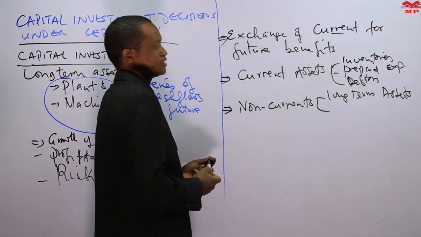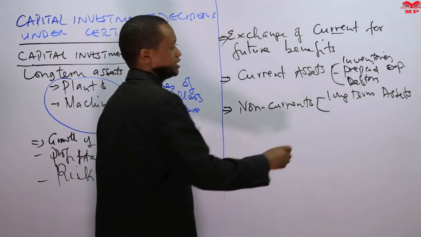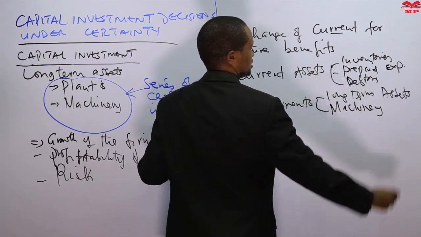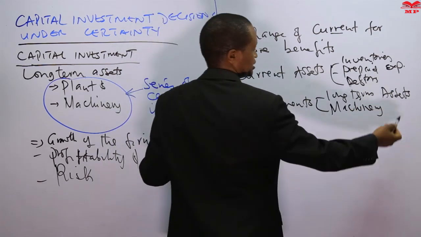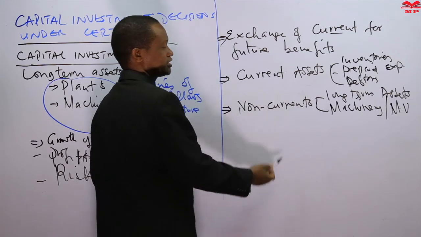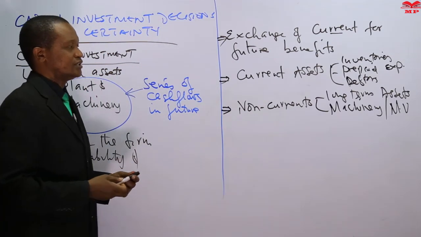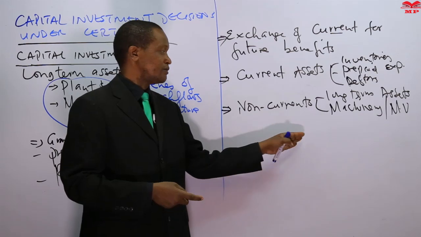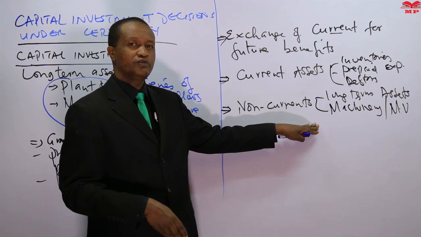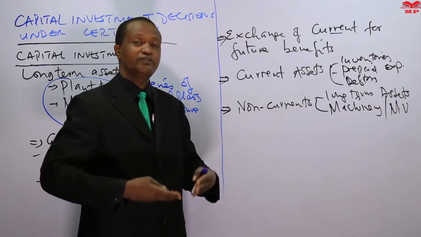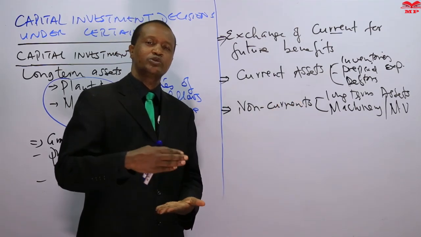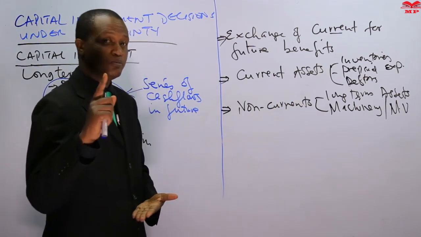Investment in long-term assets. When you buy a long-term asset like machinery, plant or motor vehicles, these are non-current assets, and they are meant to help in generating more revenue. If you buy, say, a delivery van for making deliveries, that van is meant to serve you for a period of more than a year.